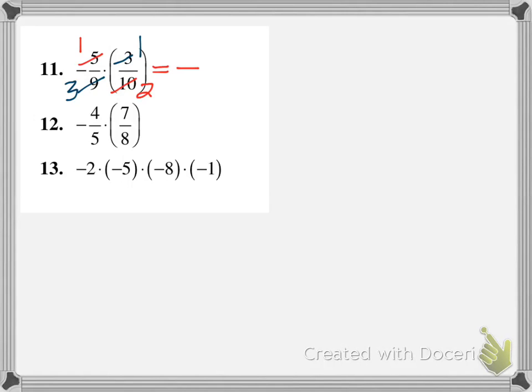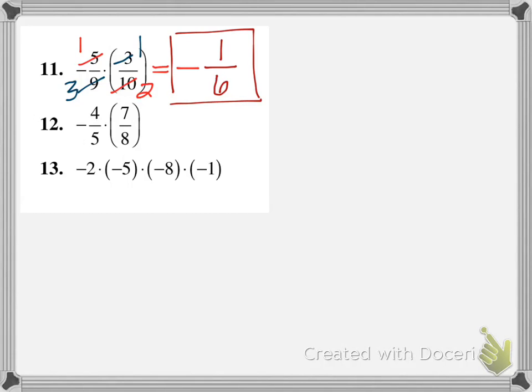So now I've reduced before I've multiplied. You can either multiply first then simplify, or you can cross reduce and multiply. So 1 times 1 is 1 over 3 times 2, which is 6. So our answer is negative 1/6.